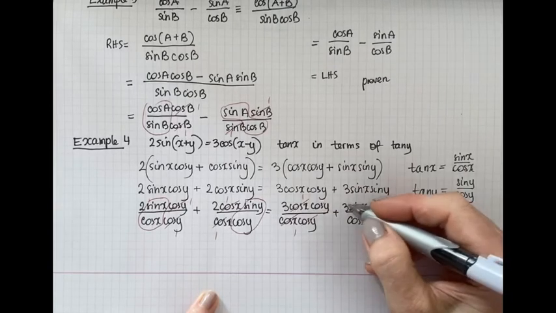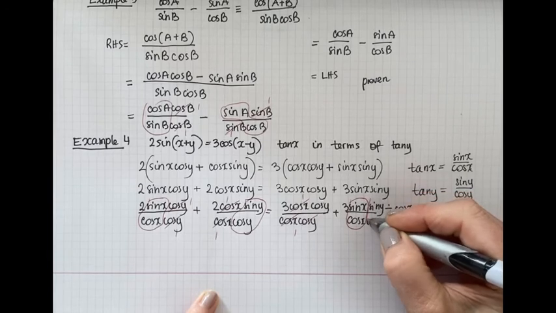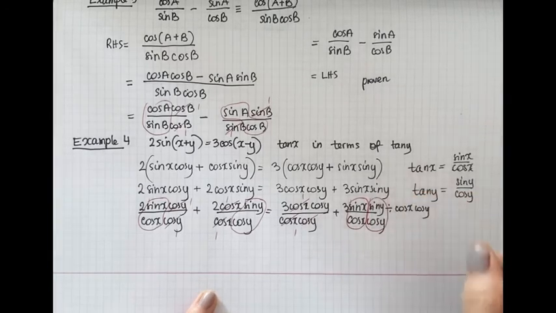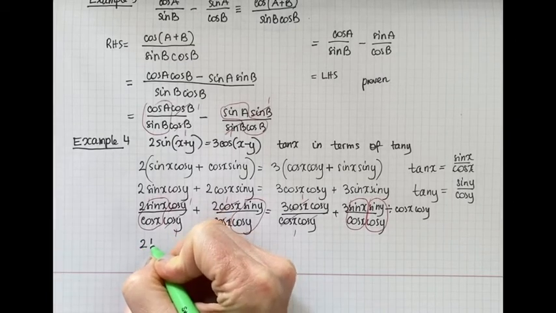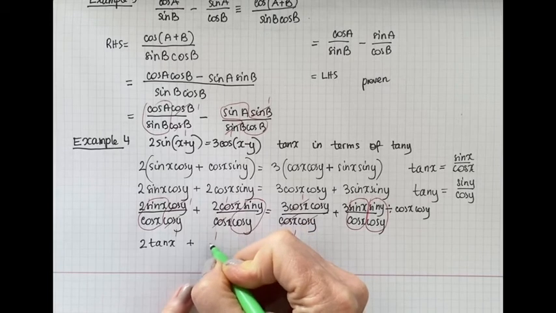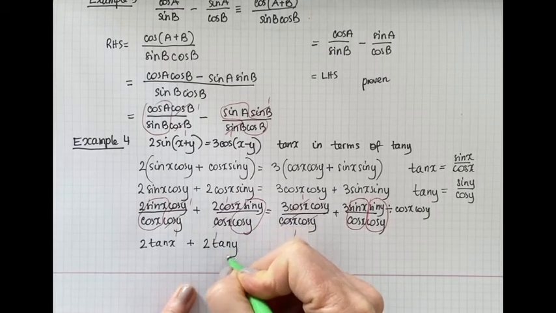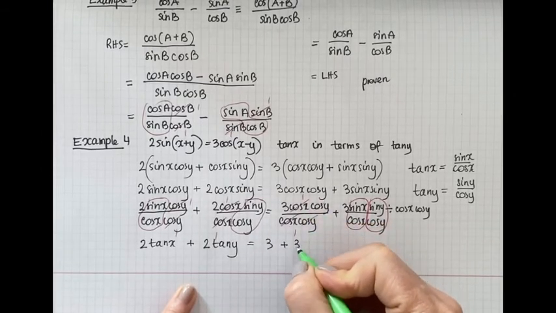And here we are going to have 1 tan x and another tan y, so 3 tan x tan y. So let's write it in terms of tan. 2 tan x plus, here we've got 2 tan y equals 3 times 1, so it's 3 plus 3 tan x tan y.